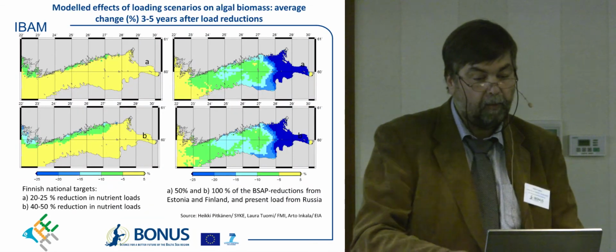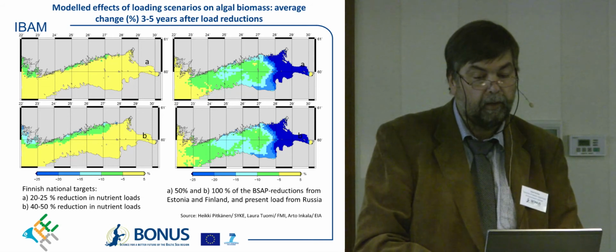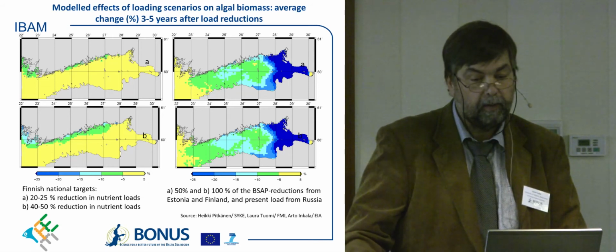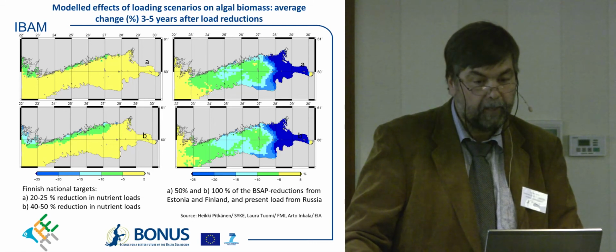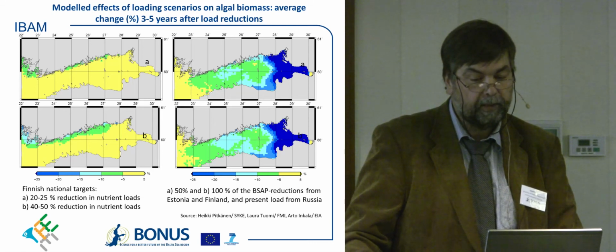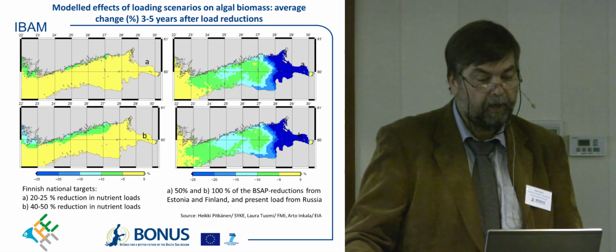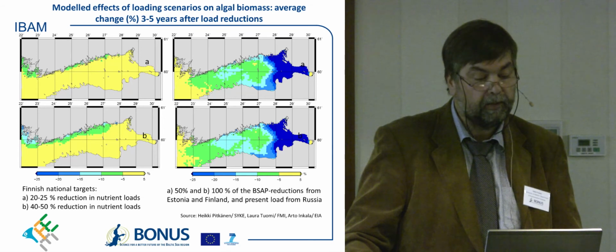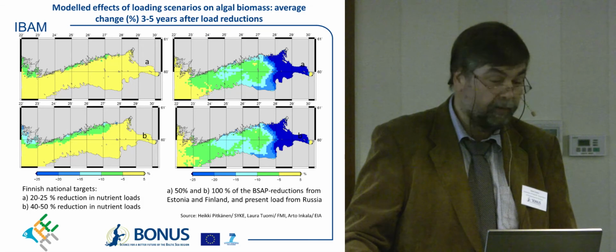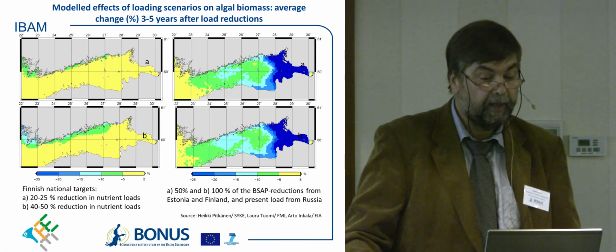This is the way we have used the three-dimensional modeling system, estimates of the decrease of the algal biomass. The more blue the color, the bigger the reduction in the biomass. On the left-hand side, we have the Finnish national targets. We can see that only a couple of percentages is obtained by the national management actions.